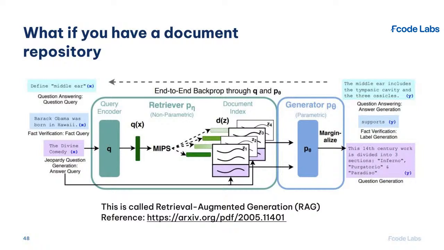The same thing: if we run a query first, the query gets encoded and compared against the set of documents that we have in the storage, and gets the best documents that match the query. And to the LLM, we send the query and also the documents to get a better output.